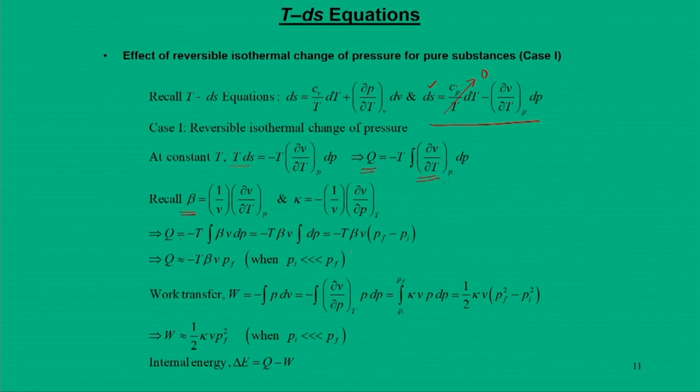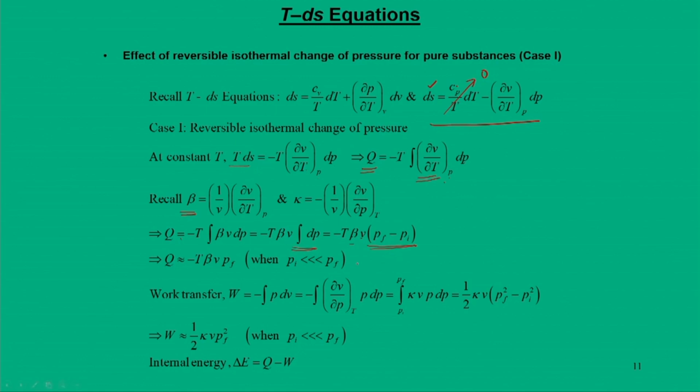T can come out, and for many substances V is nearly constant, so Q is a function of dP only. So, it becomes Pf minus Pi, and Q is equal to minus T beta V times (Pf minus Pi).